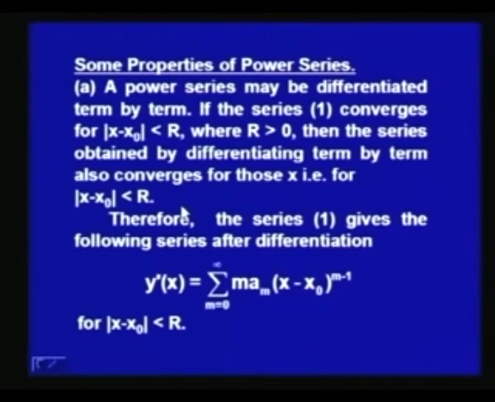When you differentiate the series given by 1, you get the series sigma m equal to 0 to infinity m a_m (x minus x naught) to the power m minus 1, which is y dash x, and this series converges for mod of x minus x naught less than r, the region of convergence of the original power series.